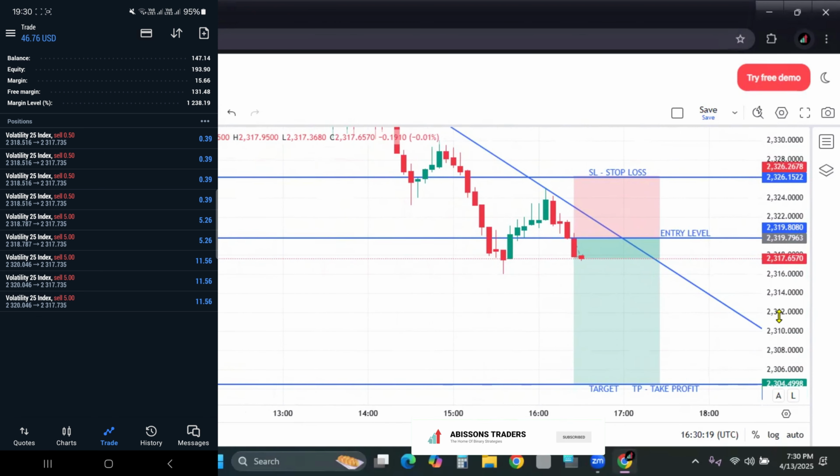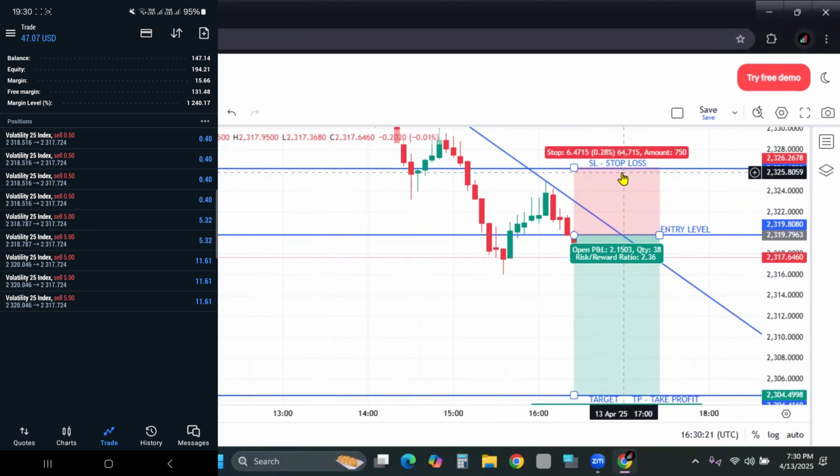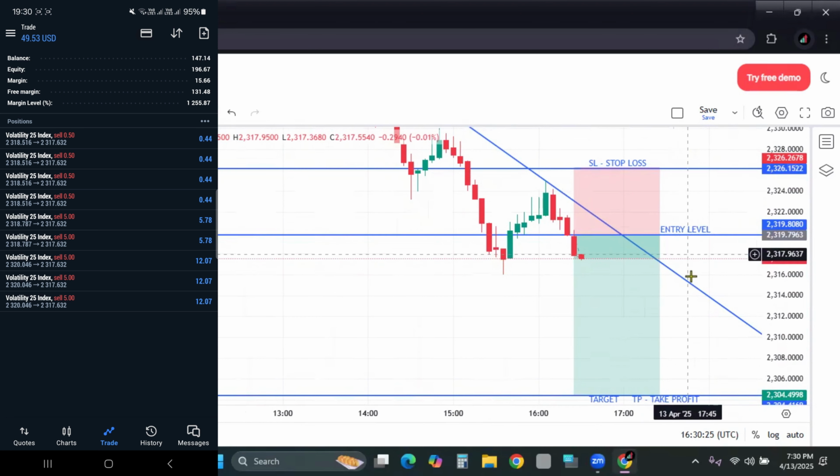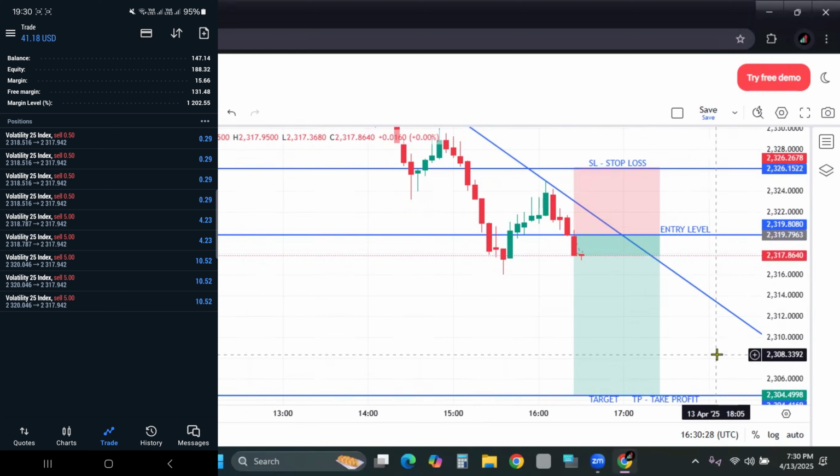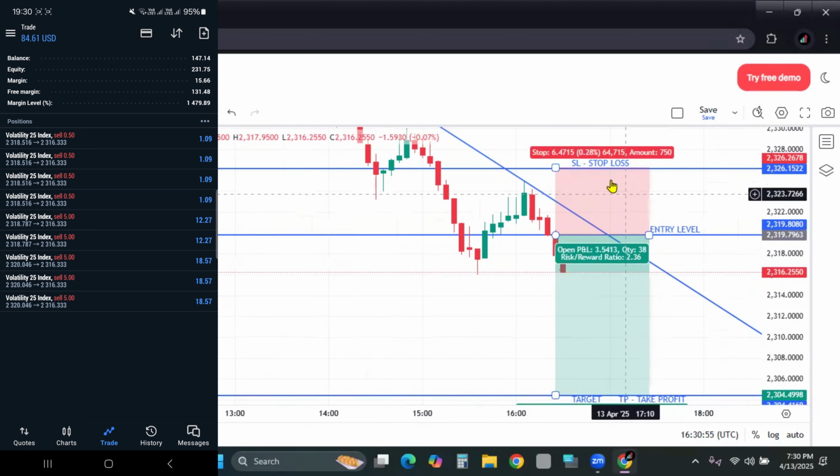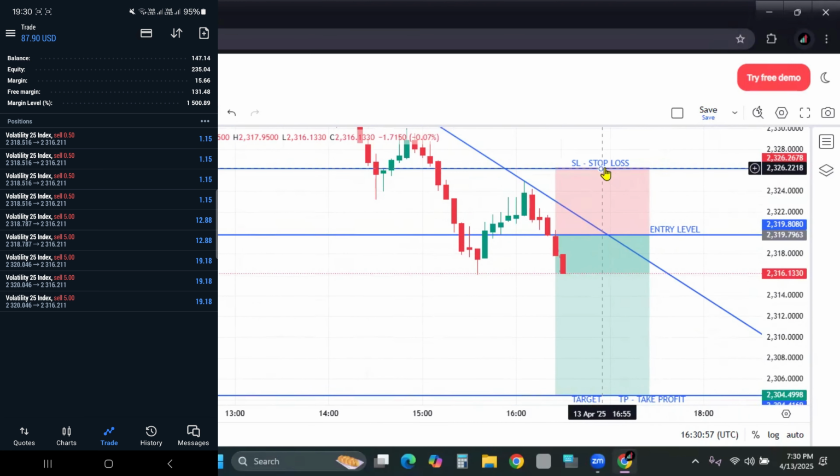So this is how it works. The red box represents the losses you get from the trade, and the green box represents the profit you get from the trade. This stop loss is where, when the price reaches it, the trade will close automatically with a certain loss.